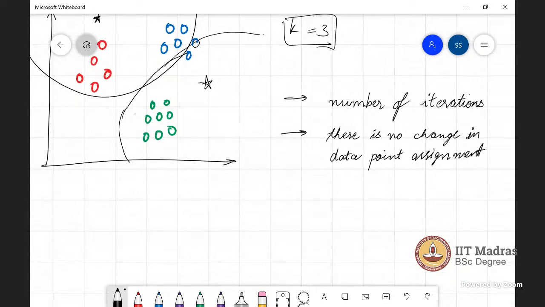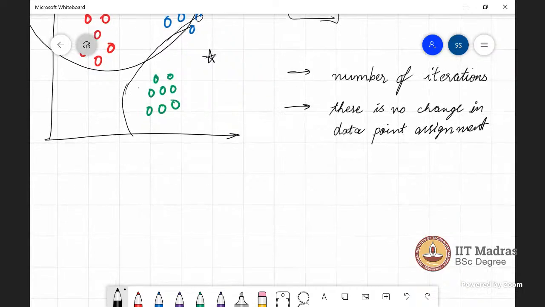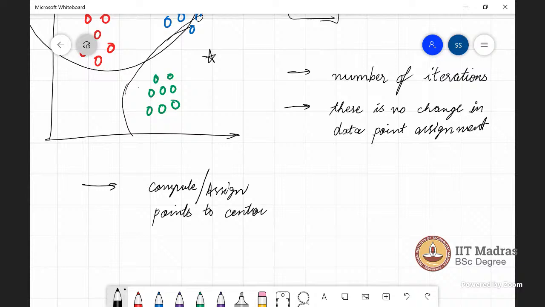Okay. Excuse me, sir. Sir, the iterations are to find the location of the centroids, is it? Right. So one iteration consists of this: first, assign points to centroids or clusters.